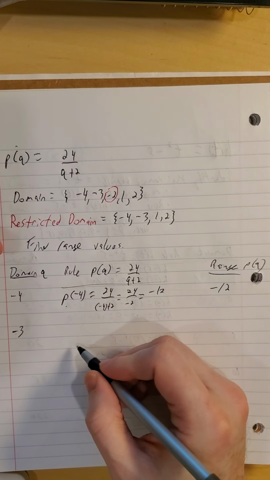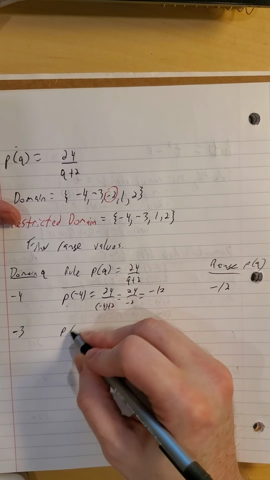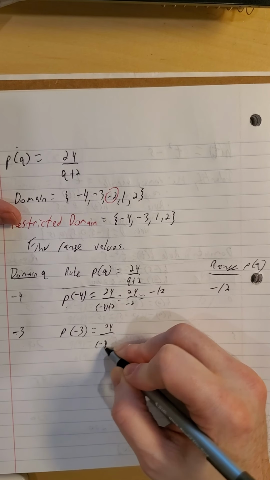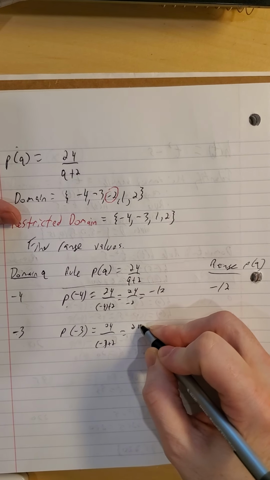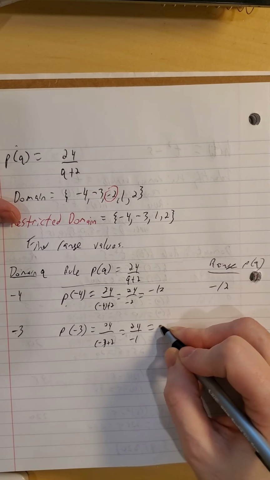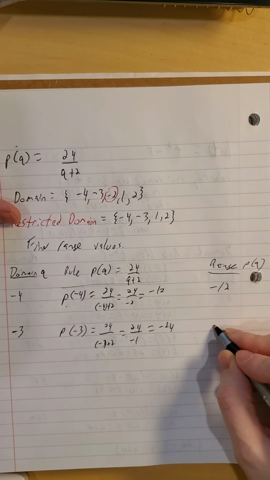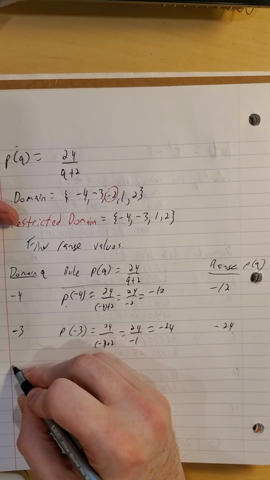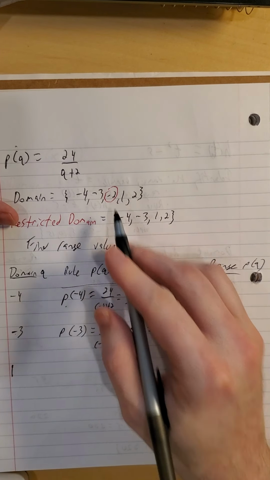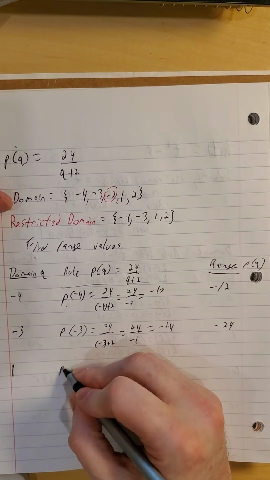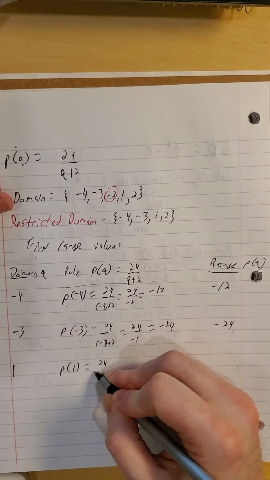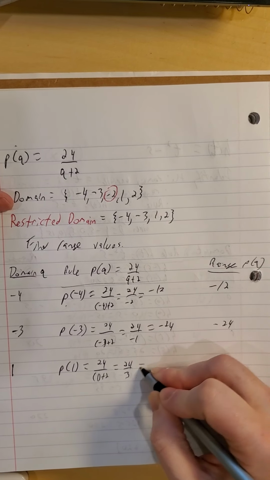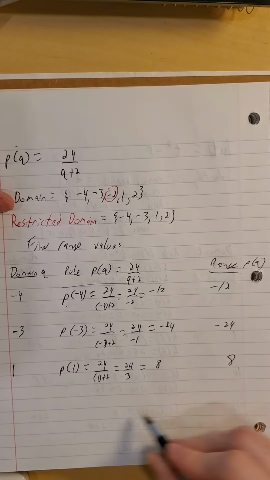And then we just plug in the rest of the restricted ones one at a time. P of negative 3, 24 divided by negative 3 plus 2, which is 24 divided by negative 1, which is negative 24. And that is our range value. Now we'll skip ahead to the 1 since we can't use the negative 2. P of 1, 24 divided by 1 plus 2. So that's 24 thirds, which is positive 8.